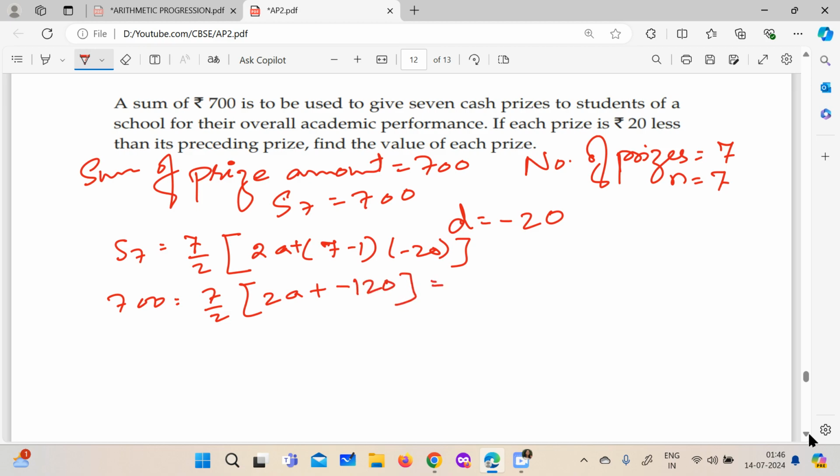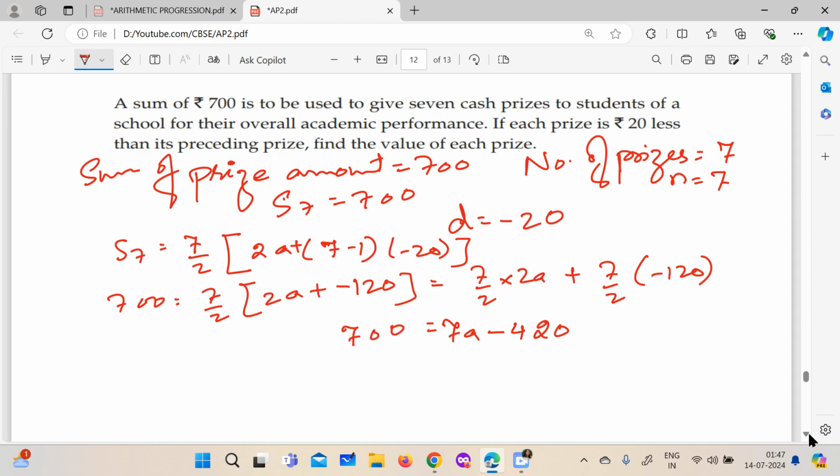Then 7 over 2 times 2a, plus 7 over 2 times minus 120, and hence you get 7a minus 420, and this is equal to 700.